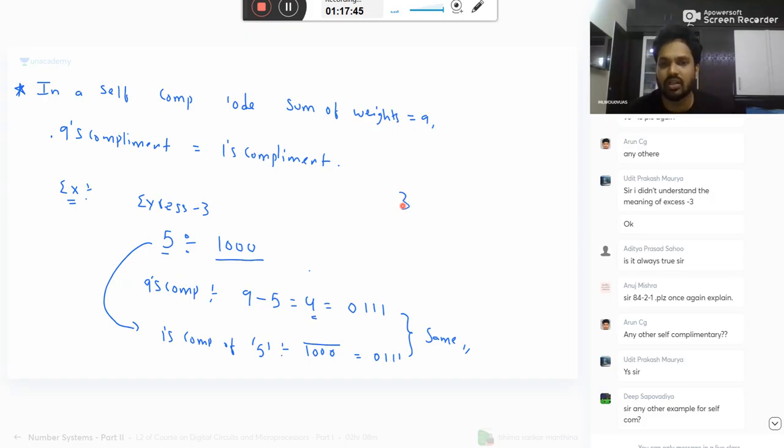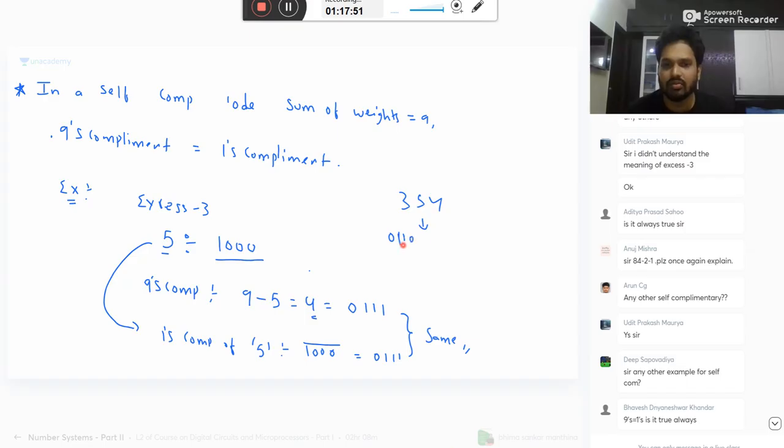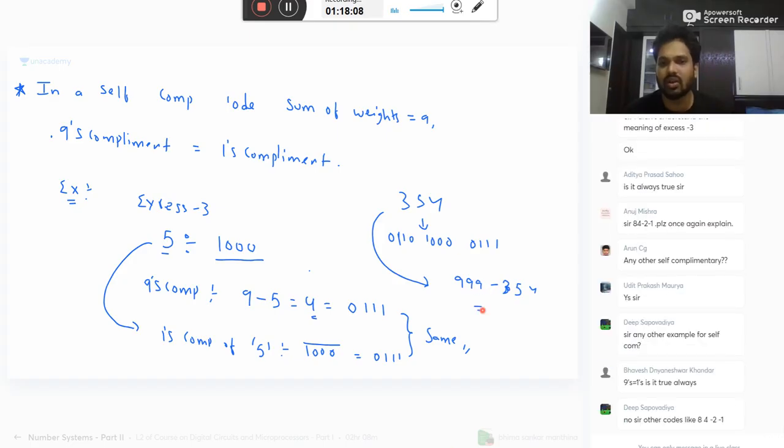You take 354 in excess 3. 3 is how much? 6. 5 is how much? 8. 4 is how much? 7. Okay. Subtract this number from all 9s: 999 minus 354 is 645.